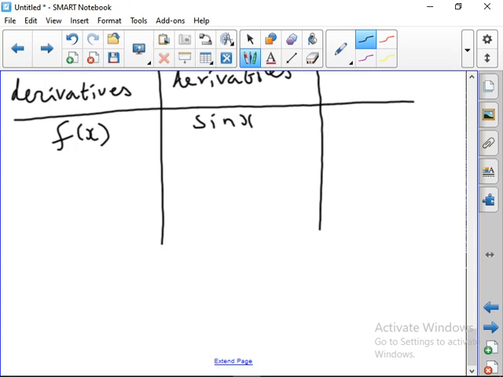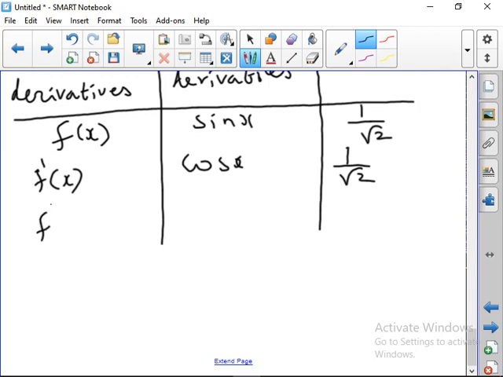So sin pi by 4, with x equal to pi by 4, is 1 by root 2. Then f dash of x, the differentiation of sin x, is cos x, cos 45, again 1 by root 2.